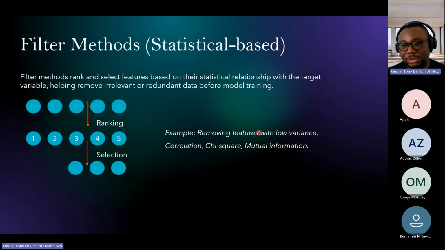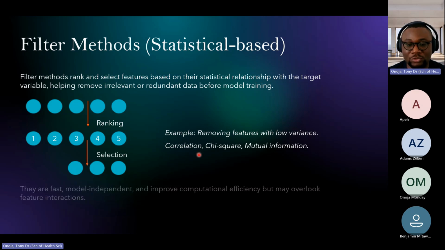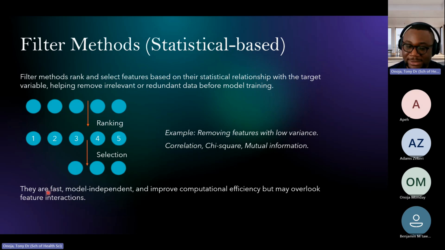We're not just removing features, but the ones with low variance are mostly the features you are removing, which means in correlation terms, it is those features that have issues with multicollinearity. It means the two of them are highly similar. So we begin to say, no, we don't need those features, and then we do away with them. So we said the filter methods are fast, they are model independent, and they improve computational efficiency.